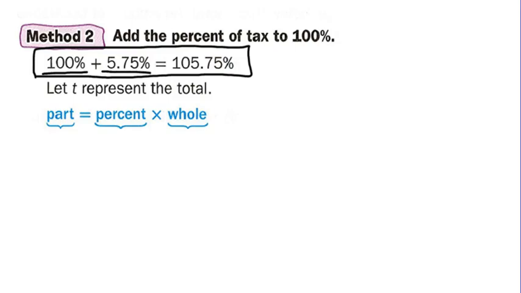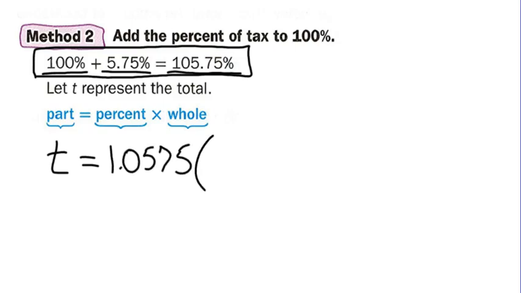So really, if we find 105.75% of our original cost, that's going to give us the total cost, because that's more than what we started with. So again, let T represent the total, or in this case, what's the part? Our percent is now 105.75. So we want to turn that into a decimal, and that becomes 1.0575.